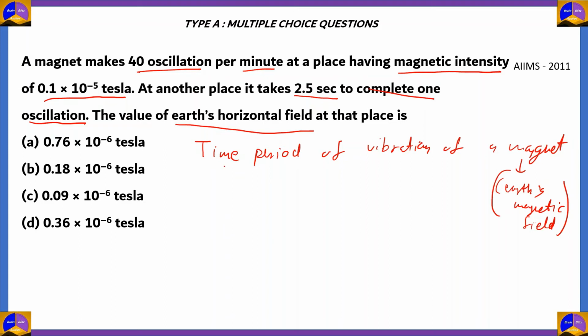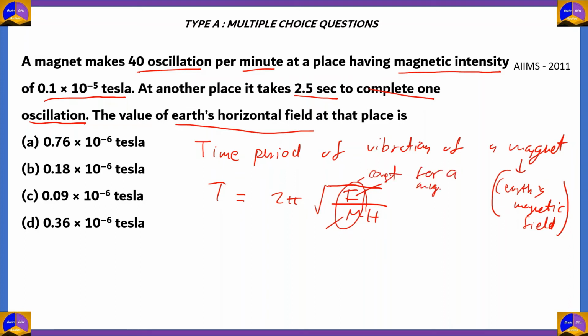The formula for time, T, will be equal to 2 pi times root of I divided by mH. Now over here, m is the magnetic moment, I is the moment of inertia of the magnet in vibration motion. Both of these are constant for a magnet.